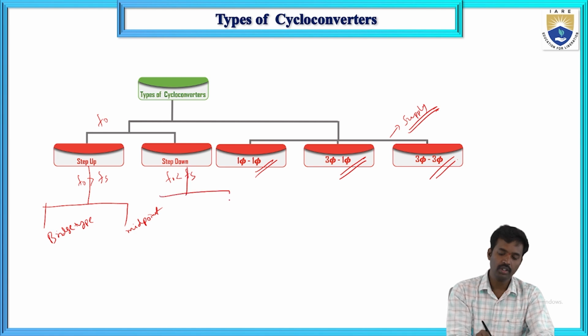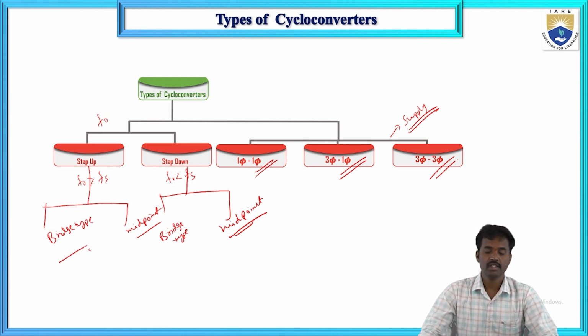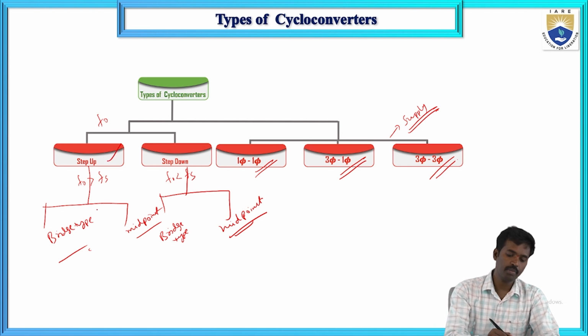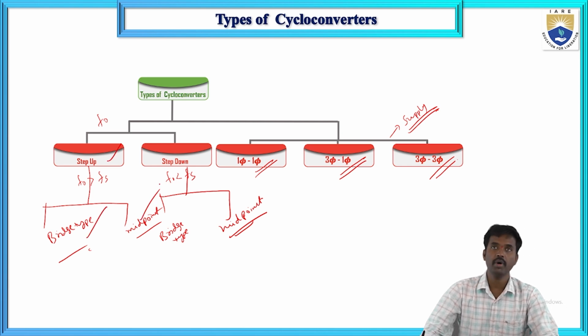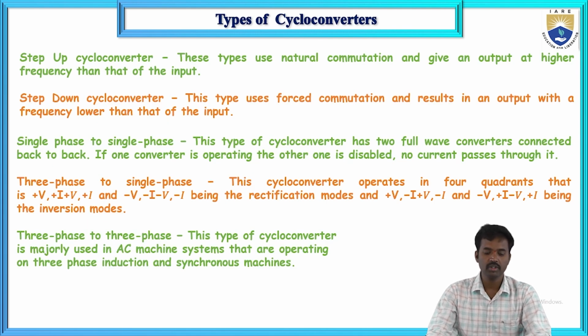In the step down it is also the same, bridge type and midpoint. So these are the classifications. First I will explain the step up, bridge type and midpoint cycloconverter.